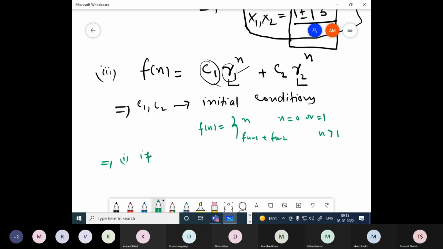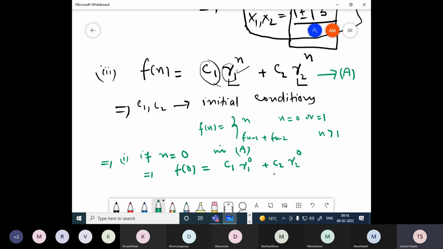So taking initial values from it, the first initial value: if I put n is equal to 0 in this equation, let me name it equation A. This will become f of 0 on the left, and on the right hand side it will become C1 R1 power 0 plus C2 R2 power 0.